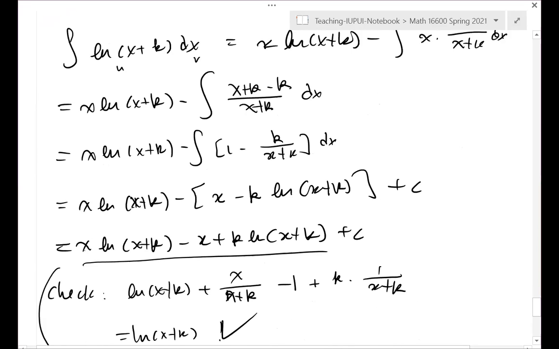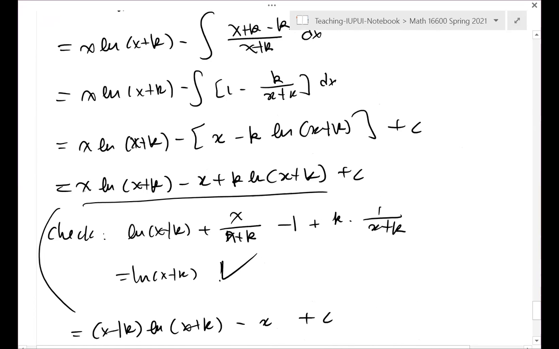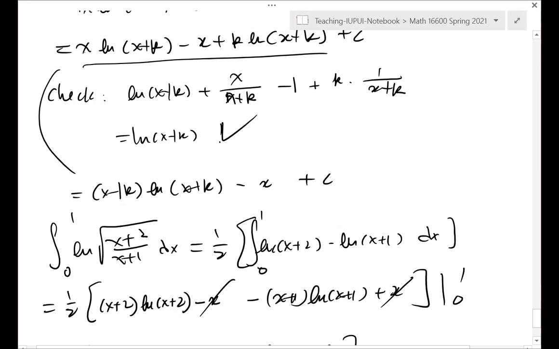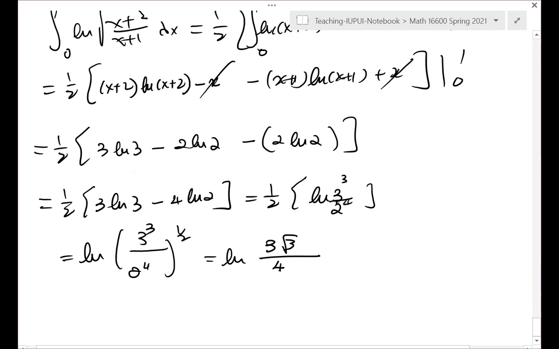I double check it to make sure this is correct. Then I differentiate and get x plus k. Then you just evaluate the integral using the antiderivative, and you find this simple.